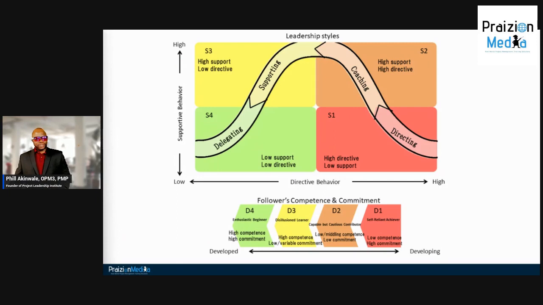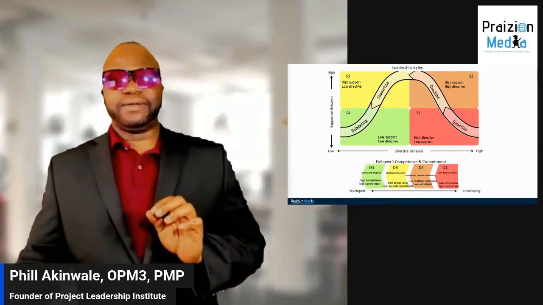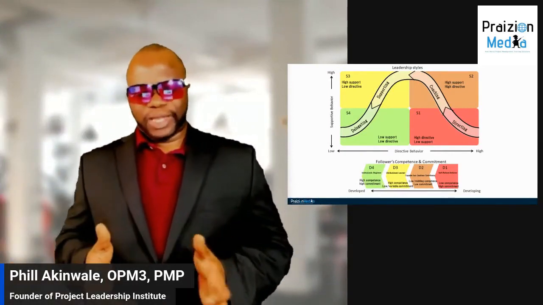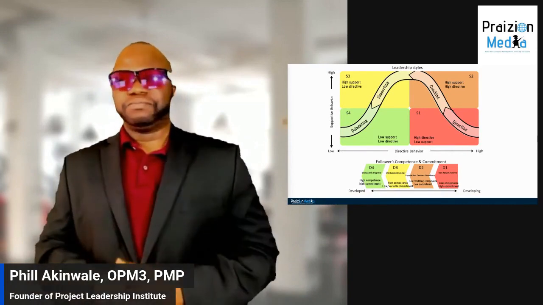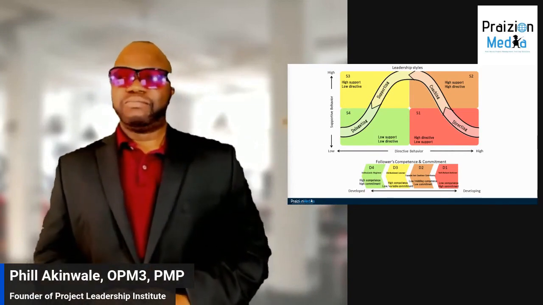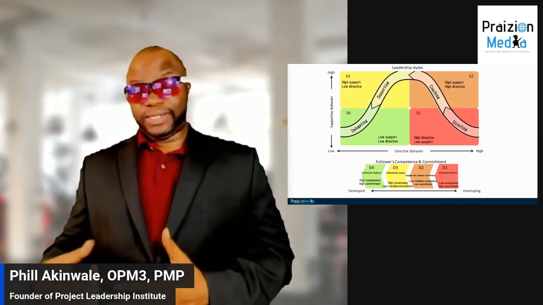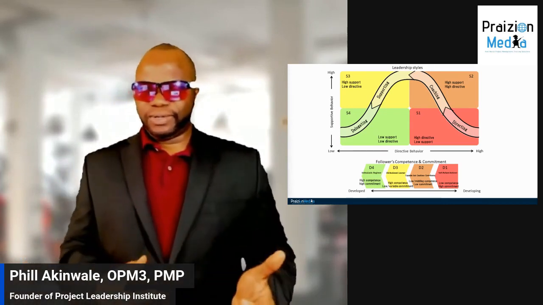So my friends, to have a high-performing team, if you're a project manager, I want to encourage you to, first of all, think about your people. Think about the task at hand and begin to ask, which quadrant do I need to employ for this task and this individual?